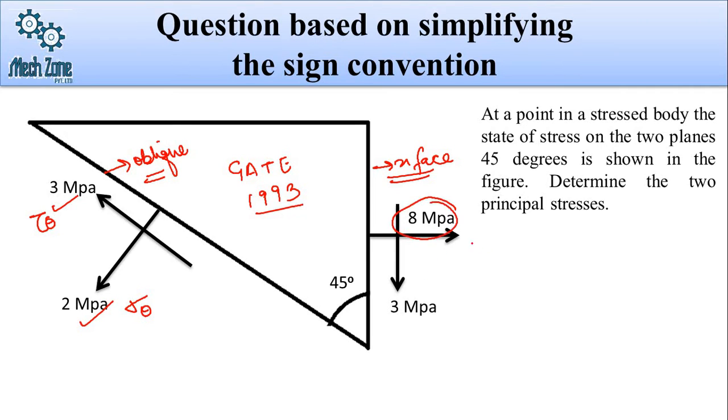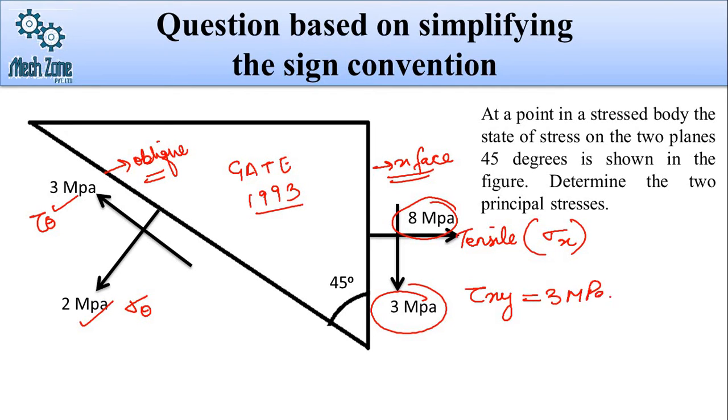This is 8 megapascal, that means it is a tensile load, and this will be simply sigma x. Now this has been given as 3 megapascal, and from the direction it is tau xy, that is shear stress on the x face, which equals 3 megapascal.